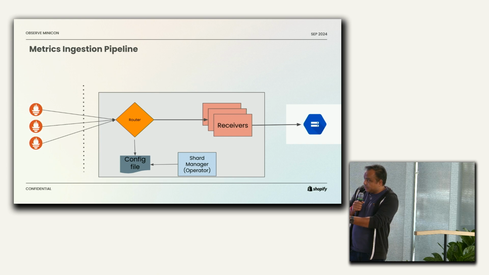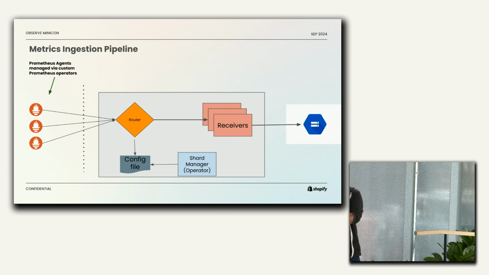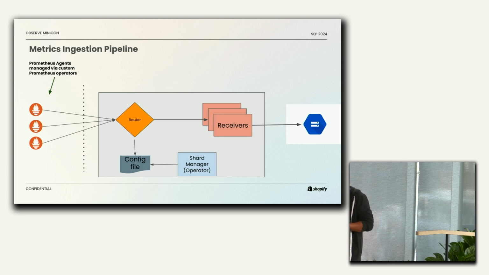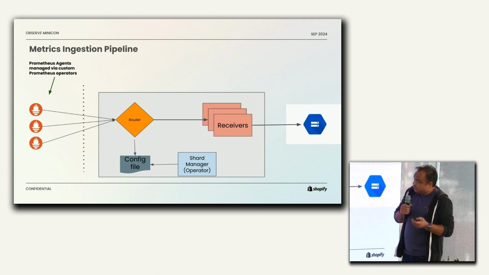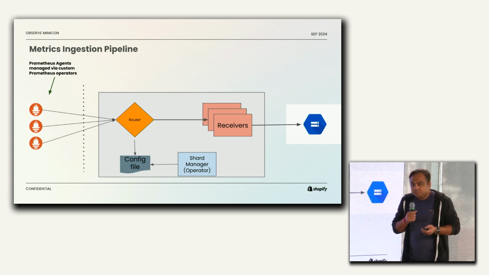This morning, we manage the Prometheus agent using a custom Prometheus operator built by Sam and Andre. And these operators are smart enough. Whenever a flash sale happens in production, Shopify service scales. Whenever Shopify service scales, the Kubernetes cluster scales. Whenever the Kubernetes cluster scales, the agent scales to handle that load.